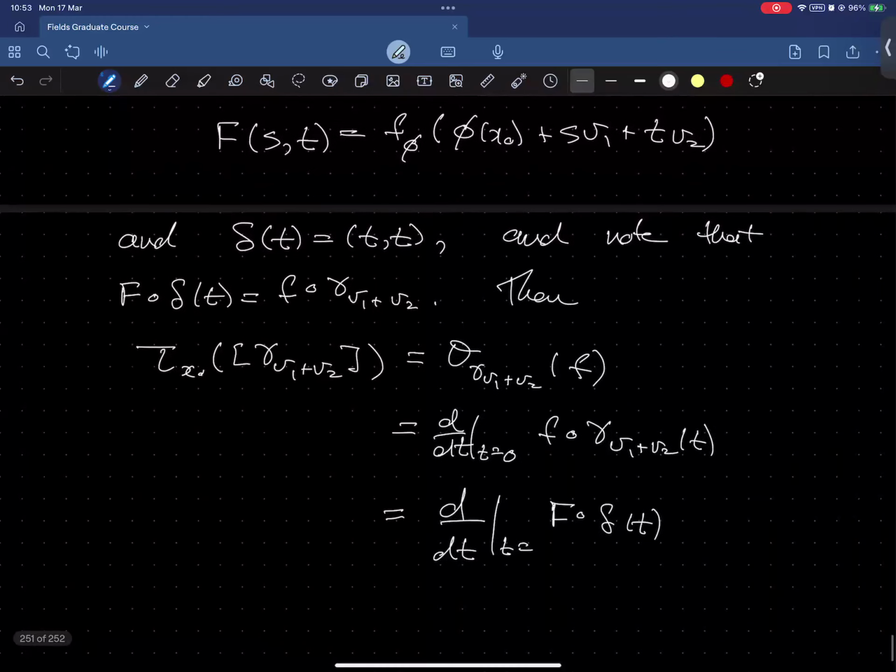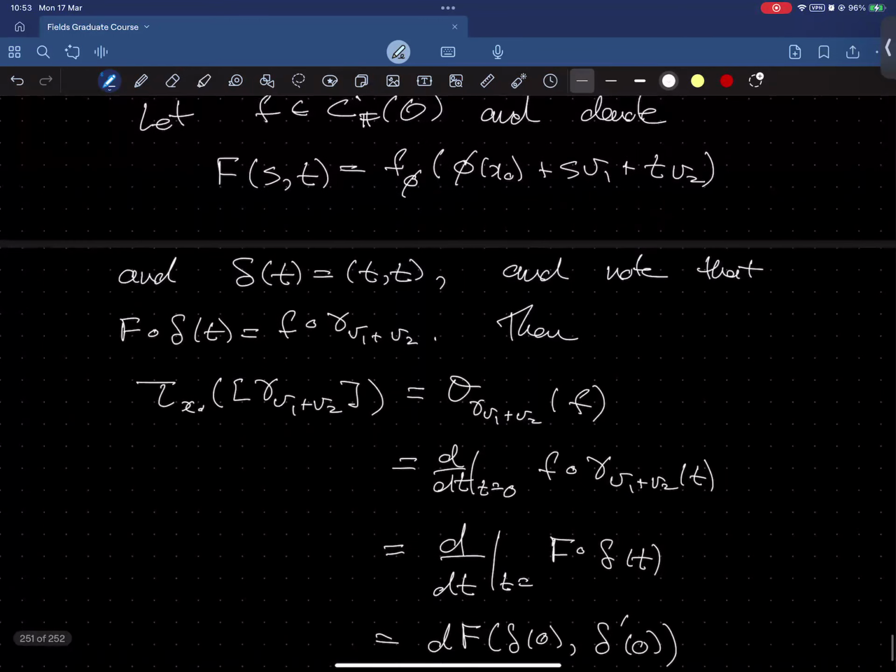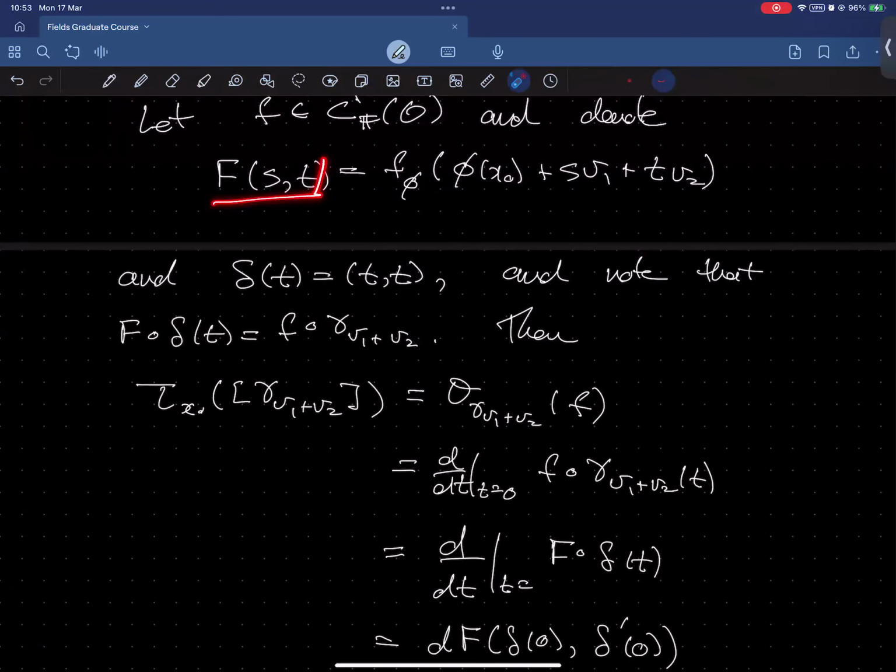Now I'm going to use the chain rule on this composition. So this is dF at delta of t, at t equals 0, times delta prime at 0. Now I use the product rule on F, because F is a function of two variables, so I'm going to differentiate it in the first variable and then the second variable.